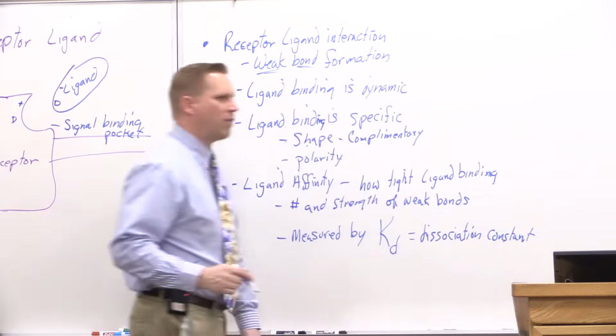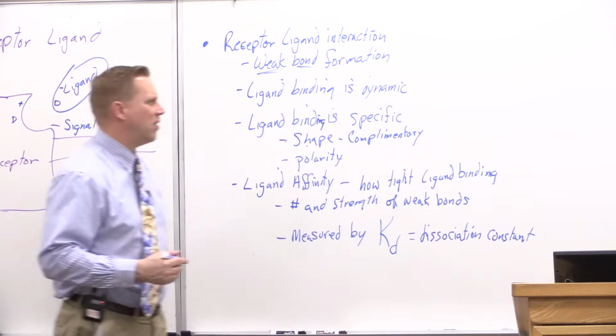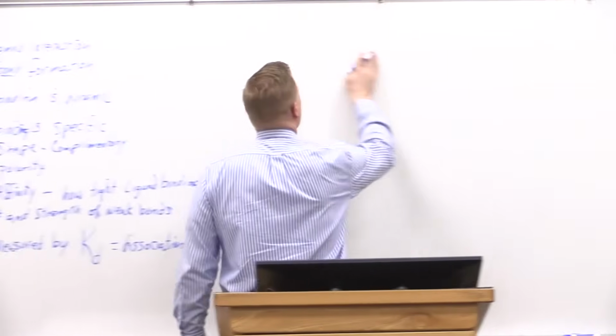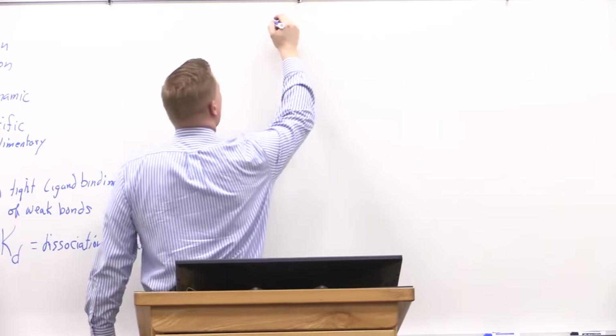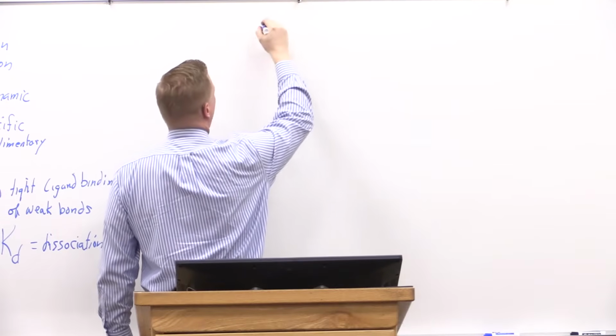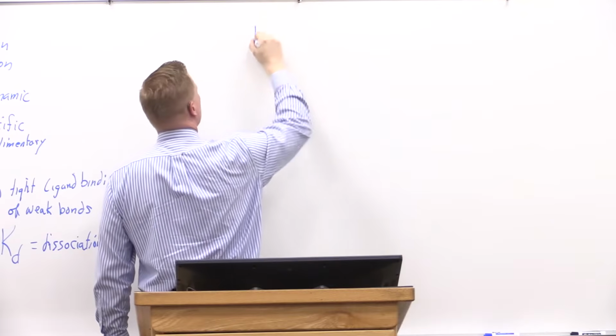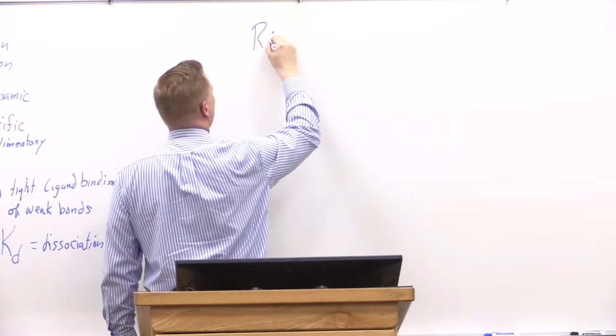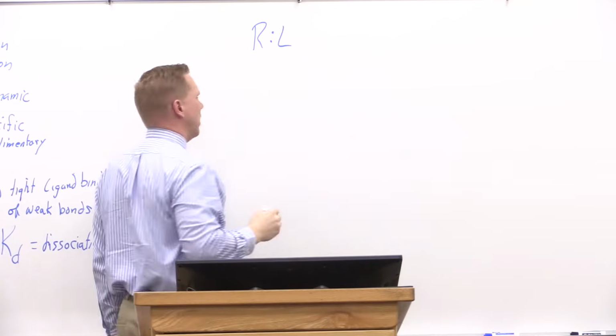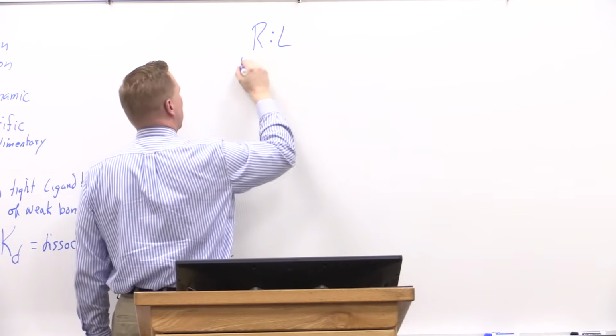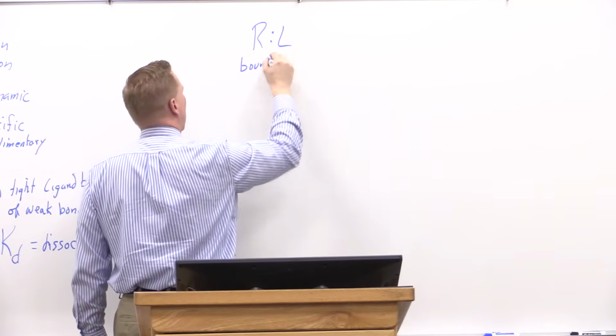Let's just talk briefly about what a dissociation constant is. We can consider a ligand binding: we're going to take a receptor, then I'm going to put a colon here, and that's going to be my ligand. And this is going to be the bound complex.